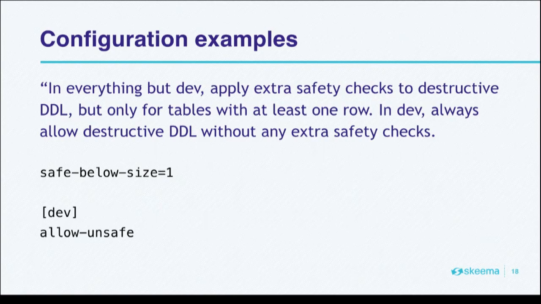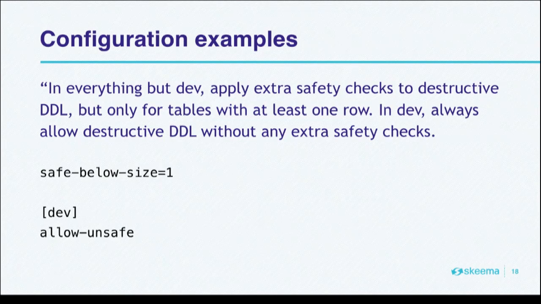You can configure things so that there are safety checks for destructive actions, meaning like dropping a table or dropping a column or changing the type of a column in a way that could lose data. So Skeema is aware of what sort of DDL is potentially destructive, and you can configure where safety checks are applied.